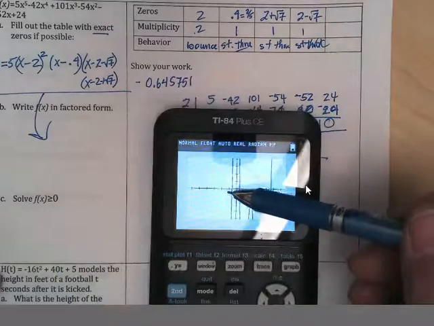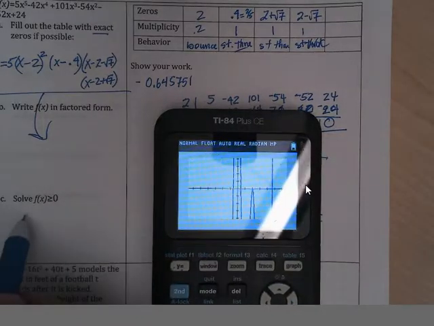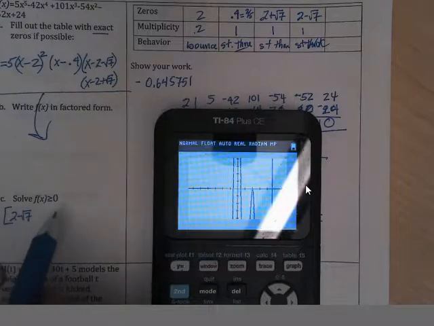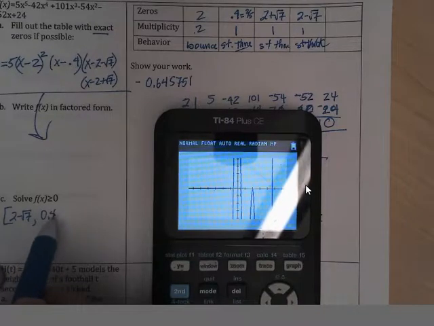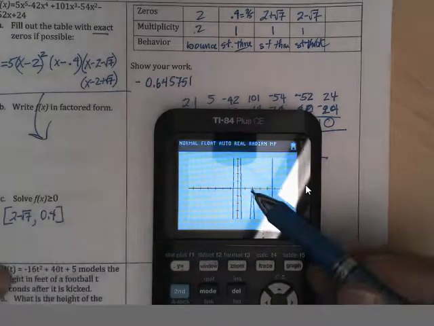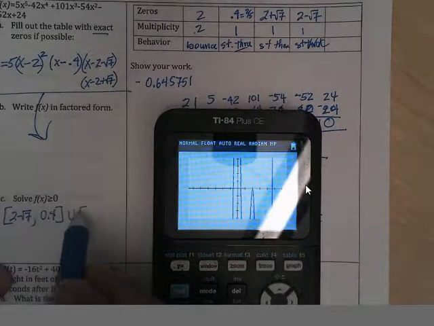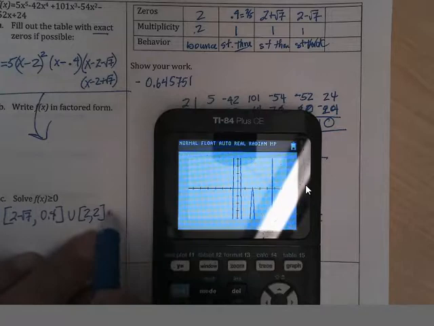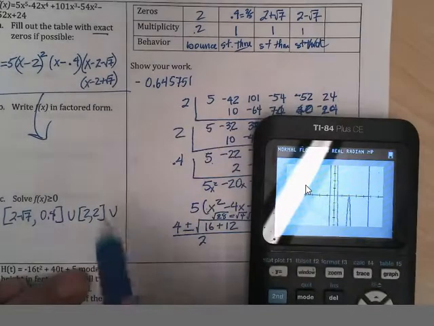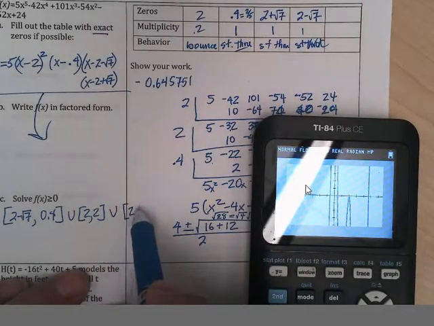So greater than 0 from there, which is 2 minus the square root of 7, including it to be equal to 0, up to 0.4, and then at 2 only, 2 to 2, that interval, or just a 2, union, and then beyond 2 plus the square root of 7 to infinity.